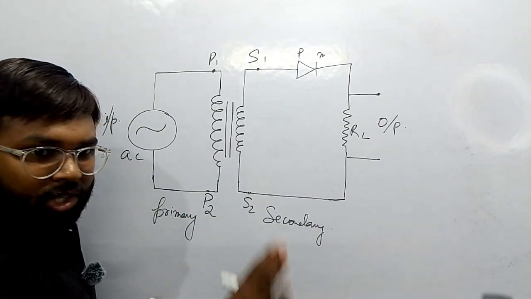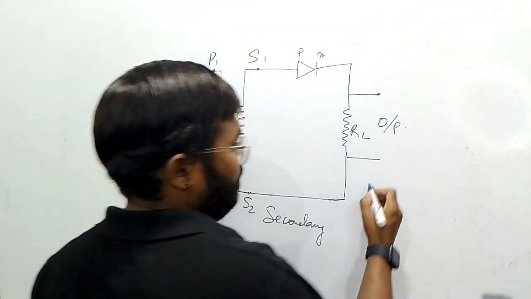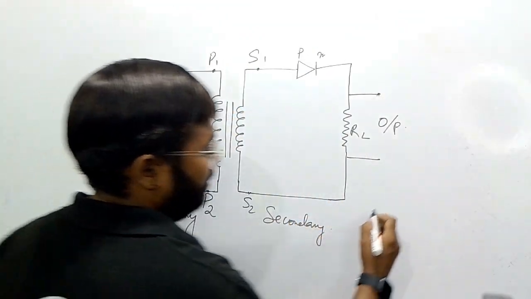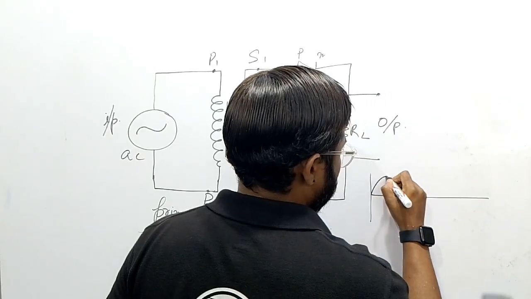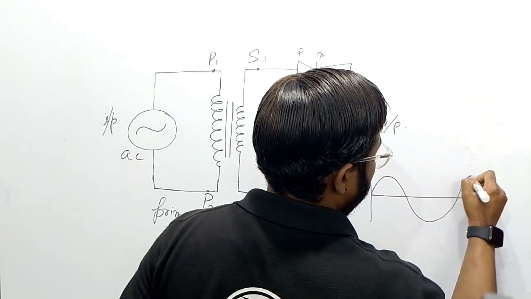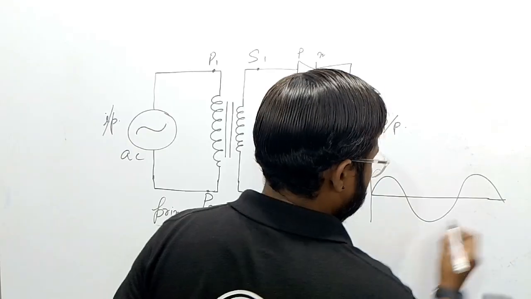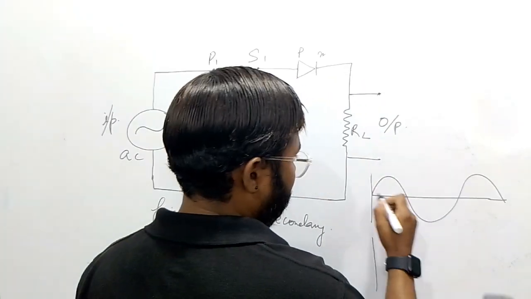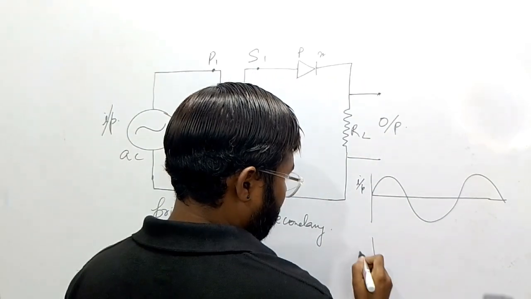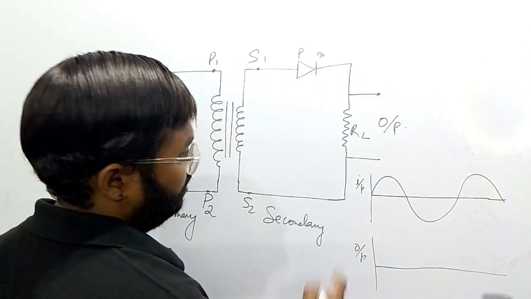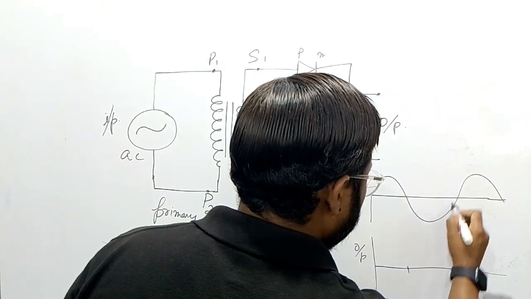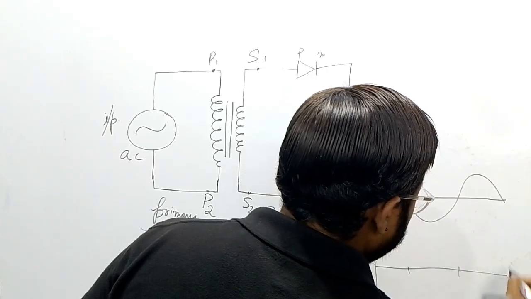Now see, AC has a sinusoidal waveform. Let me draw it here. This is the input, and for the output, the waveform we'll get we'll note down here. Suppose these are the terminals.